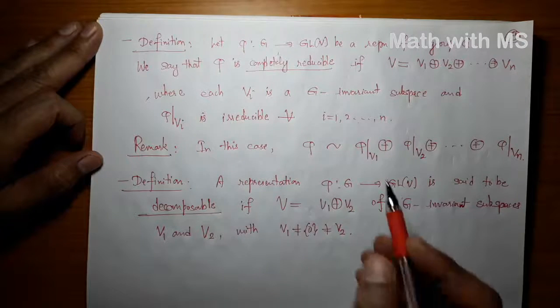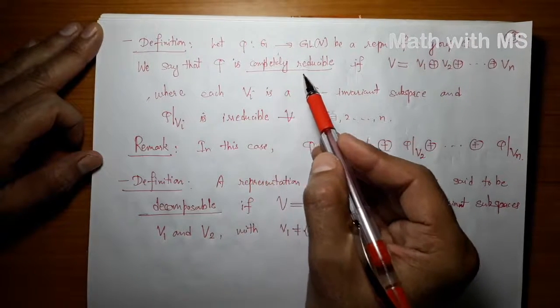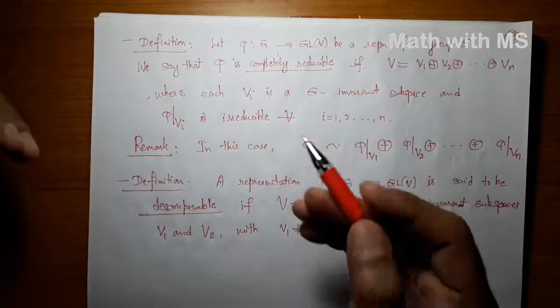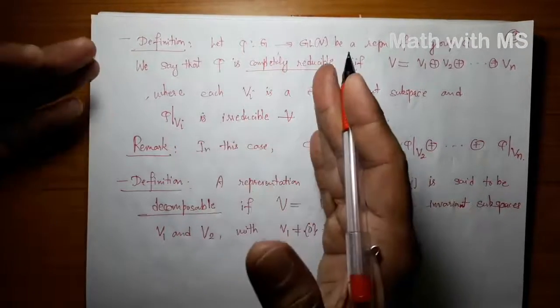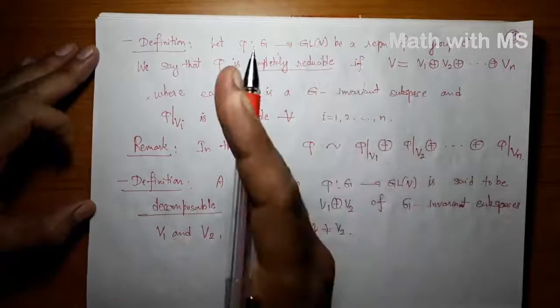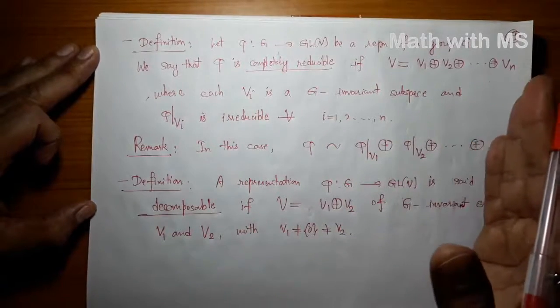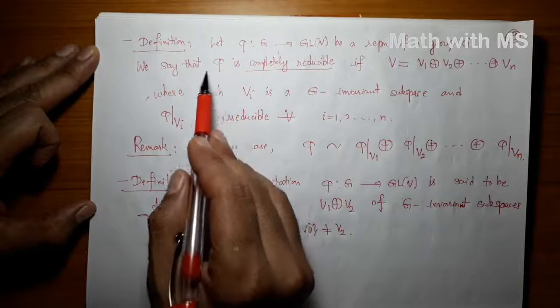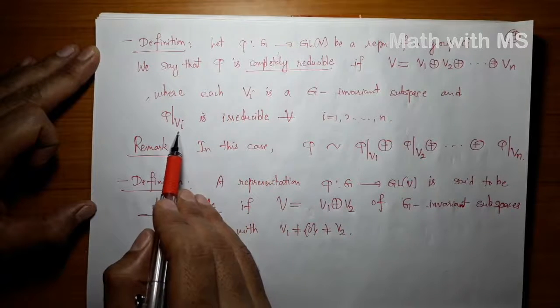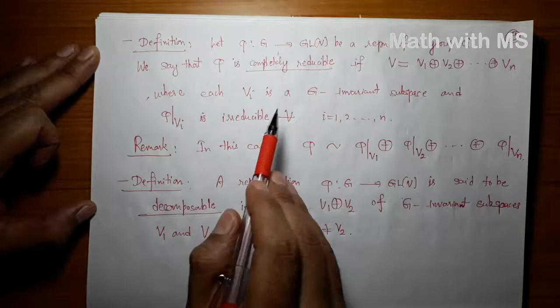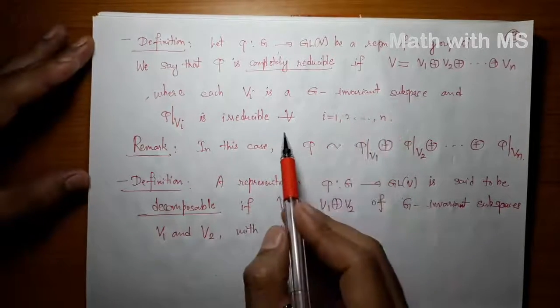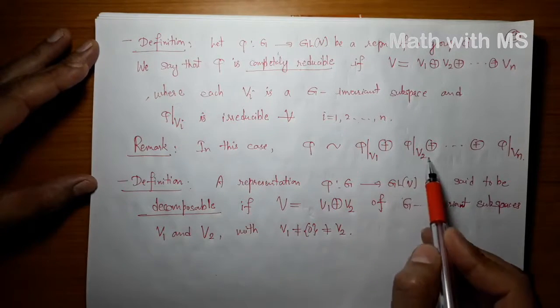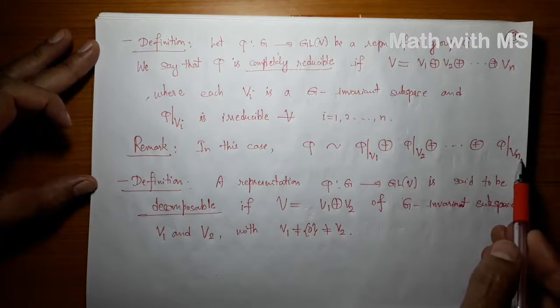So what is a completely reducible representation? It's saying that I can decompose my vector space as a direct sum of certain G-invariant subspaces such that each of the sub-representations obtained by restricting your representation to these invariant subspaces is irreducible. So I have been able to decompose my representation as a direct sum of irreducible representations.